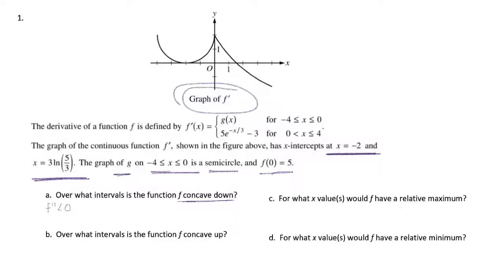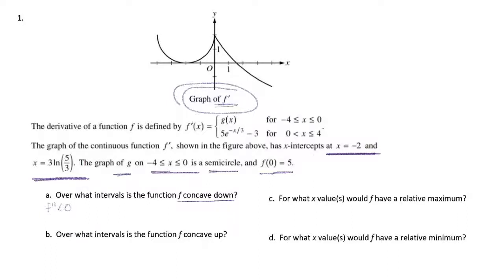Well, that's great if I'm given the graph of f double prime. We can just look below the x-axis, but we're not. We're given f prime. So we have to think about how f prime is related to f double prime. Well, f double prime is the derivative of the derivative.